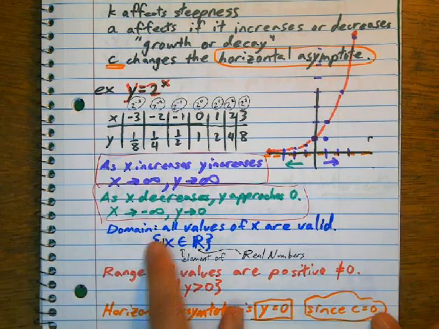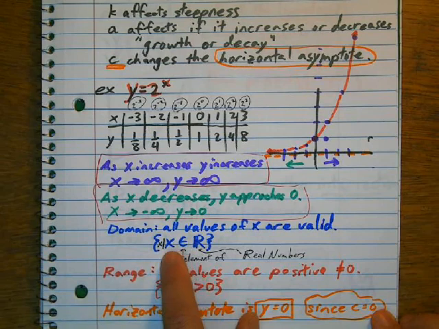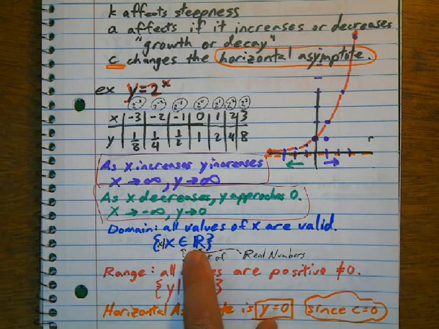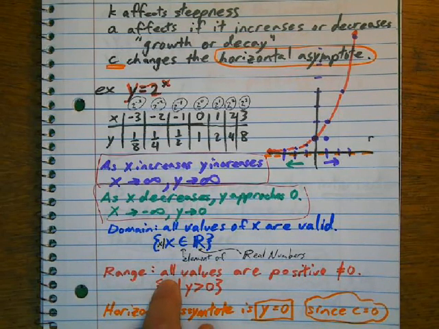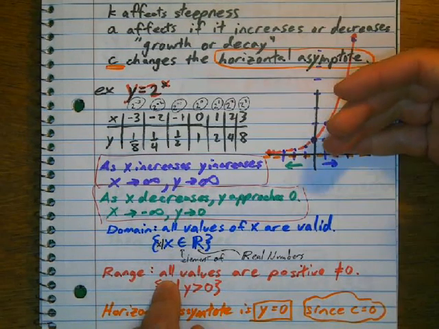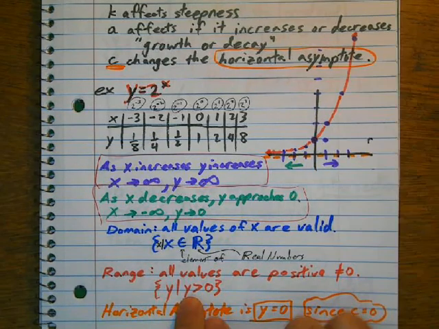So we can plug in any value for x, which means any real number. Now the y values are all above the x-axis, right? So y has to be greater than 0.